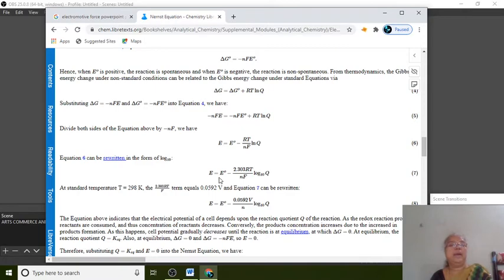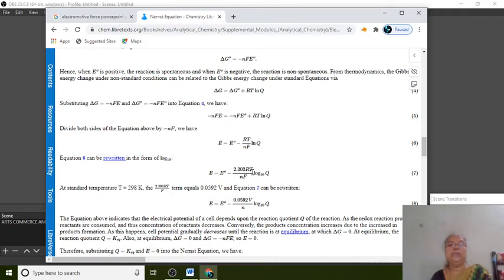Remember well, according to the Nernst equation, the EMF of any cell or any electrode is given by E equals E0 minus 2.303 RT by nF into log to the base 10 of Q, where Q is the reaction quotient.